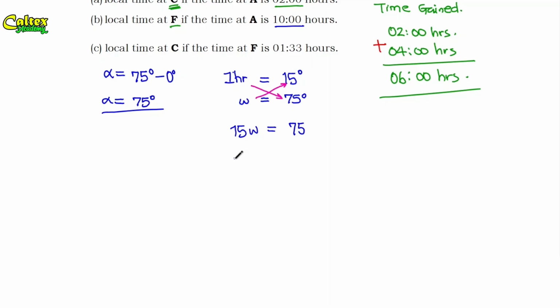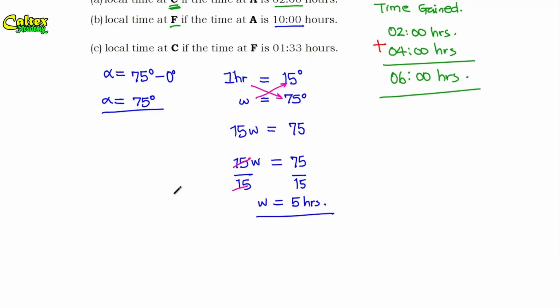Let's write an extra step: 15W over 15 equals 75 over 15. As we cross this out, we'll be left only with W on the left-hand side, and when you divide 75 by 15, we get 5. So we have 5 hours as the time difference.